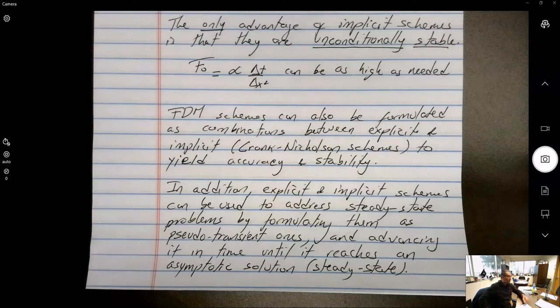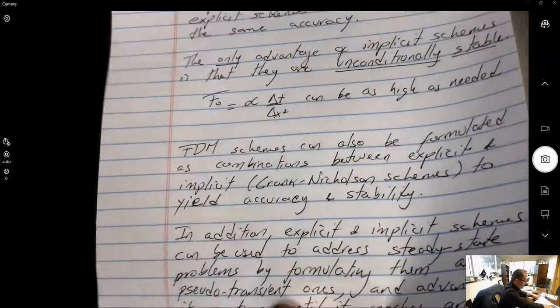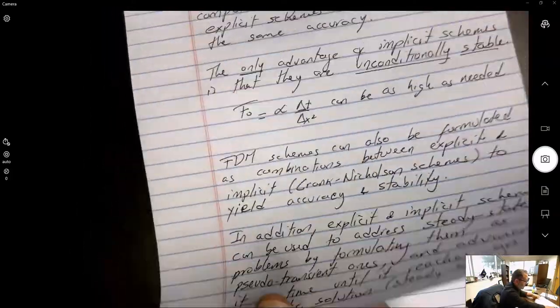Rather, you can formulate it as an explicit, an implicit, or a combination of the two, and that's it. This may come in handy for some applications.